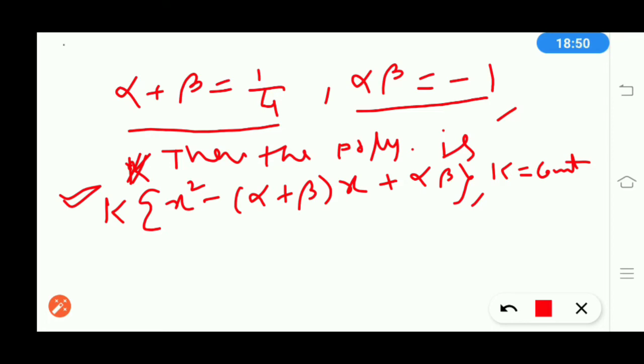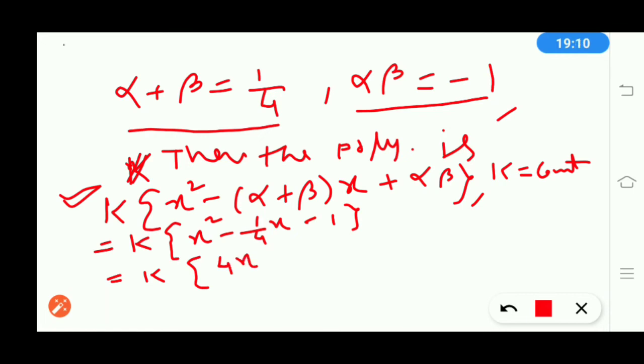Now this equals k into x square, alpha plus beta equals 1 by 4, that becomes 1 by 4 into x, and alpha beta equals minus 1, that becomes minus 1. So it equals k into, if we take LCM 4, 4x square minus x minus 4 divided by 4. Clear?